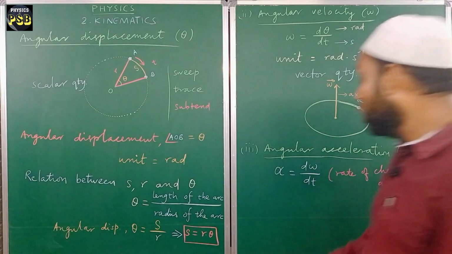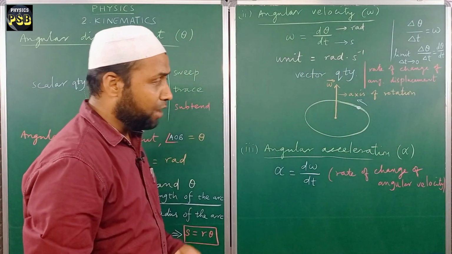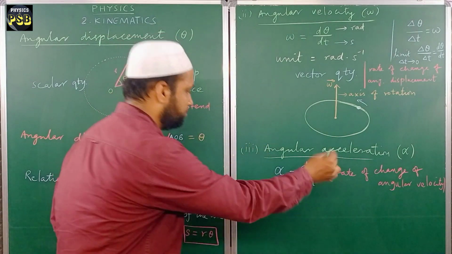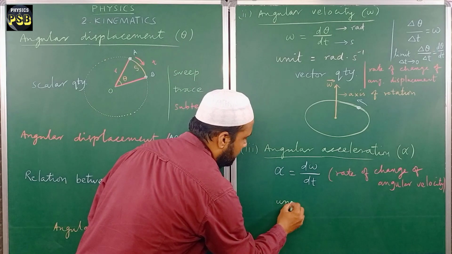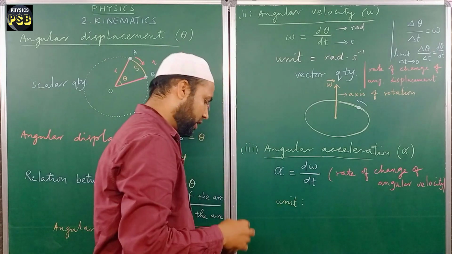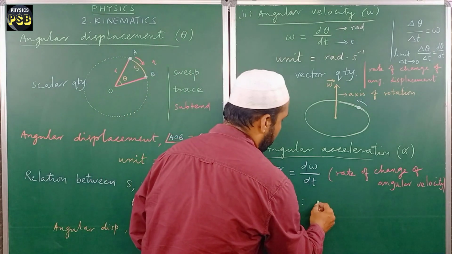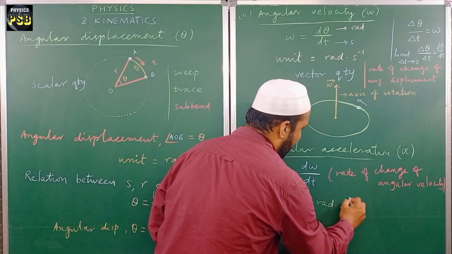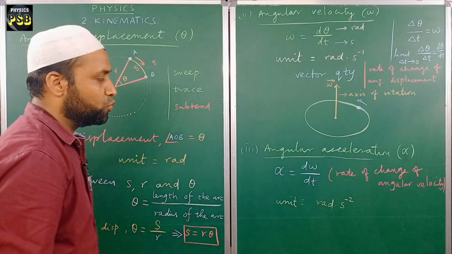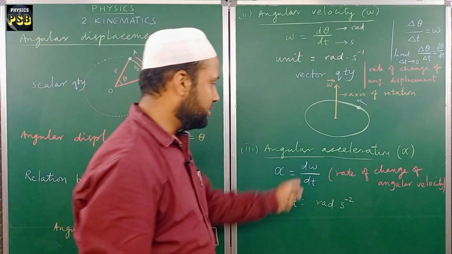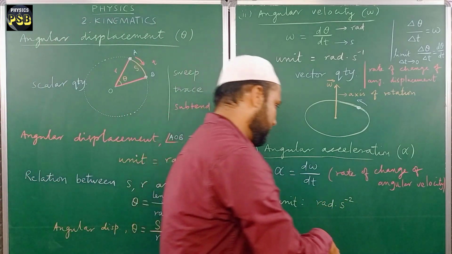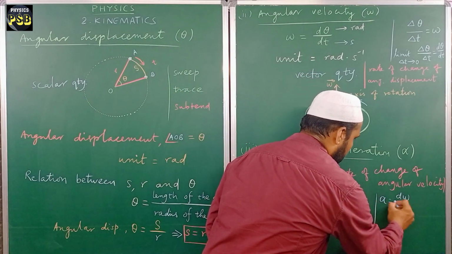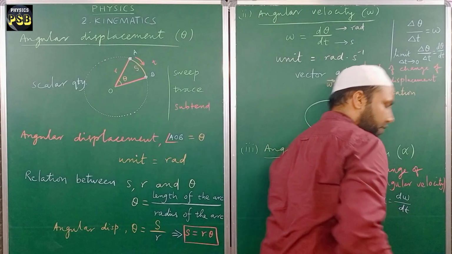Clear? And how do we measure angular acceleration? Angular acceleration is measured in the unit radian per square second. How do you get this? It is obtained very easily. Here, d omega divided by dt.